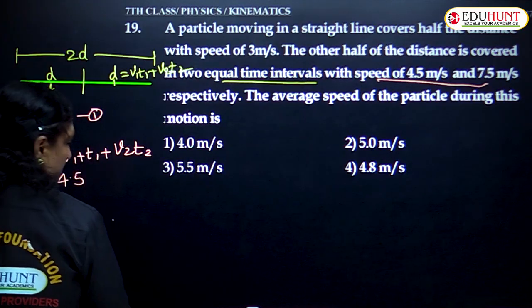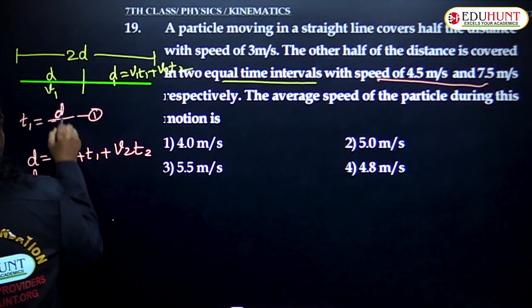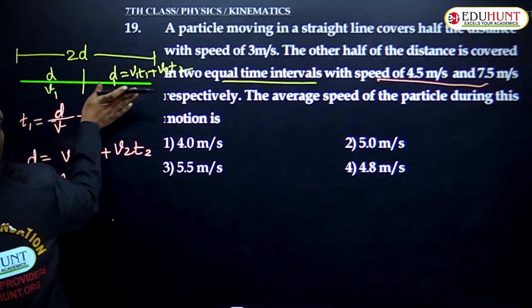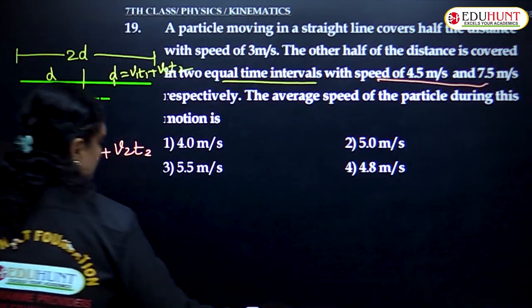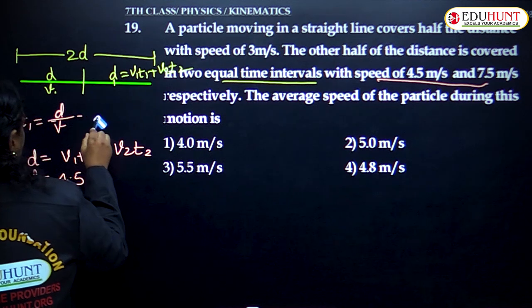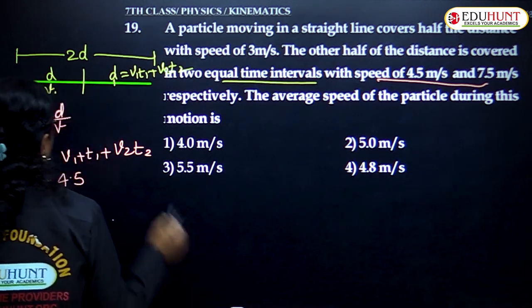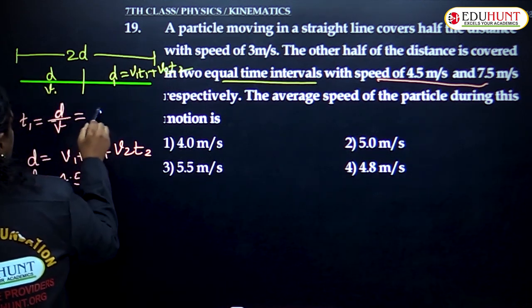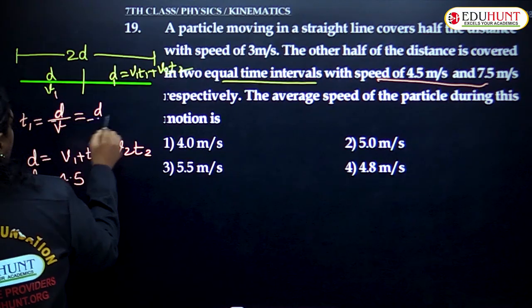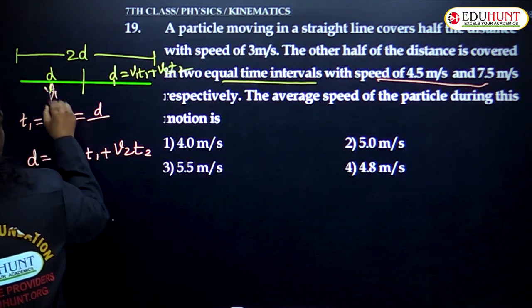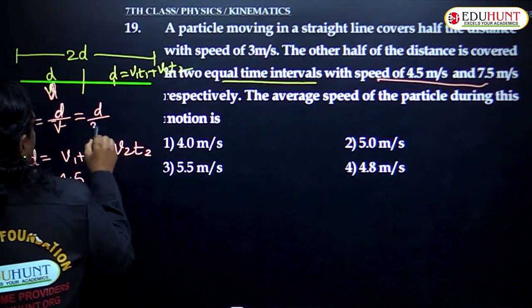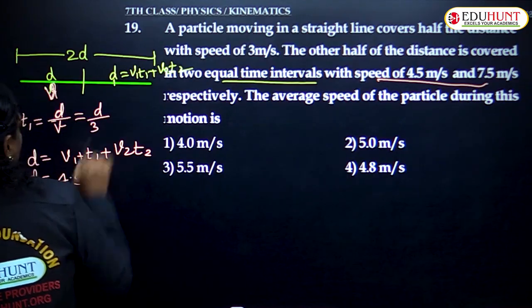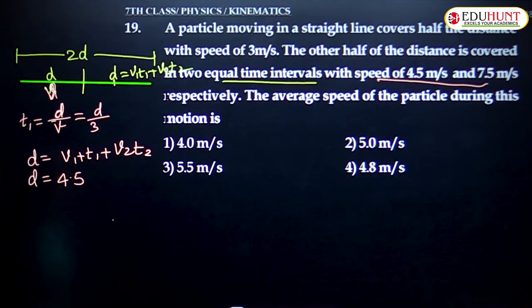This V1 is different. This is nothing but D itself, and V as, how much did they give the value of V as? Some 3 meters per second. So, T1 is supposed to be D by 3.